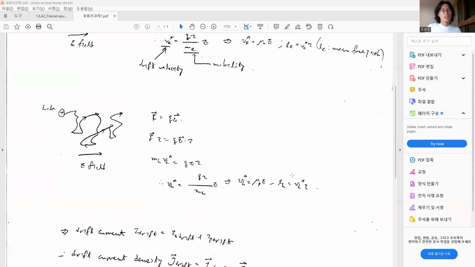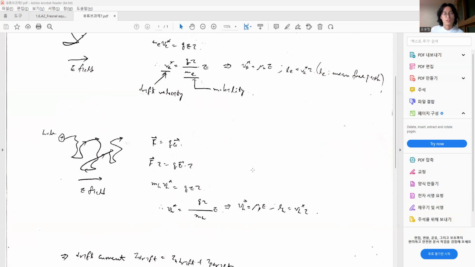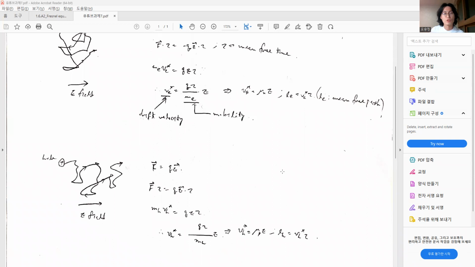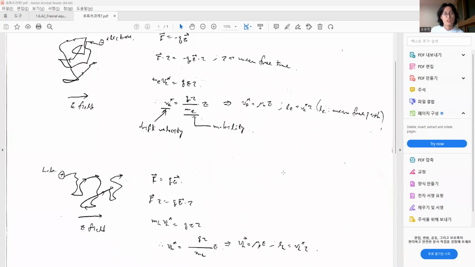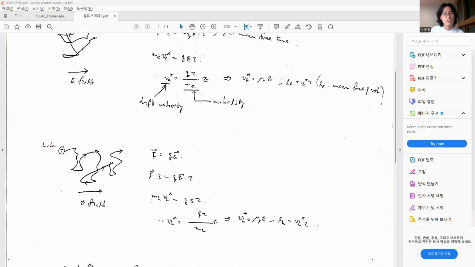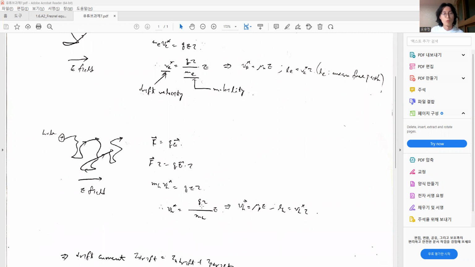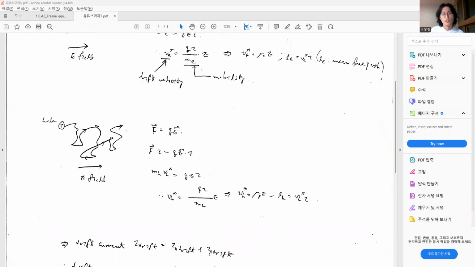Repeatedly, we can know about the movement of holes. The process is almost the same as for electrons. The difference is that holes have a different mass from electrons, and thus they have a different drift velocity, a different mobility, and also a different mean free path.